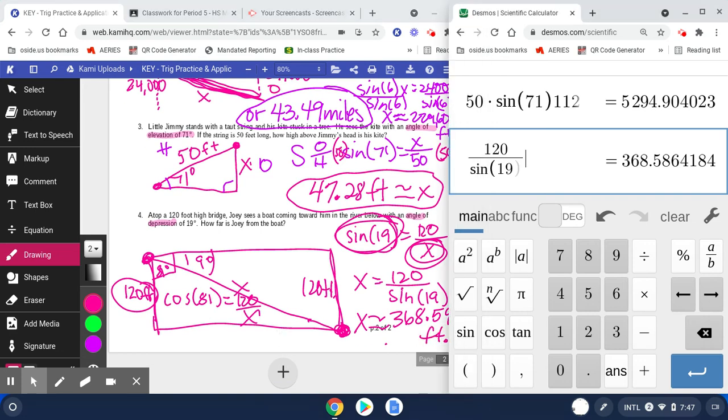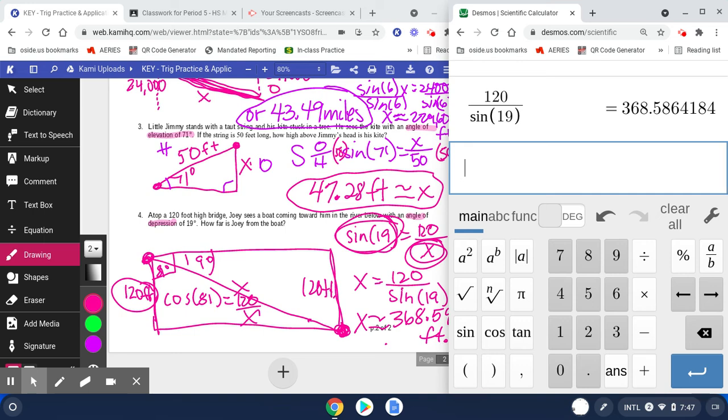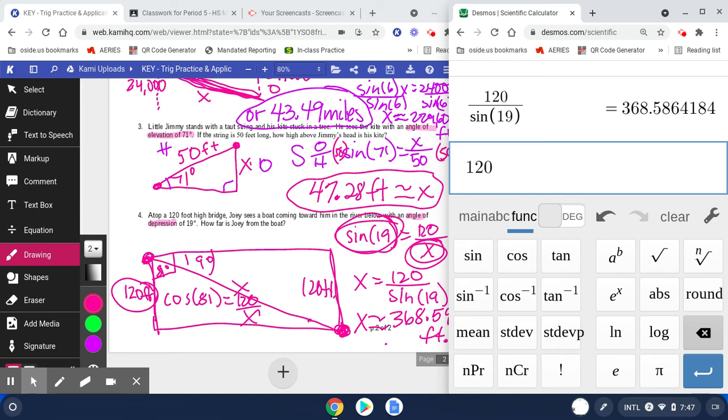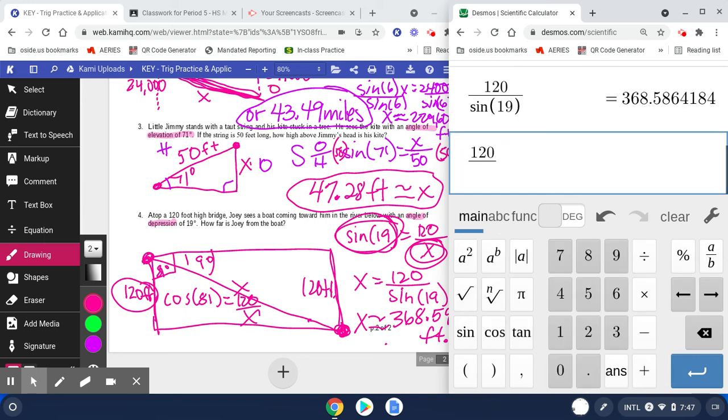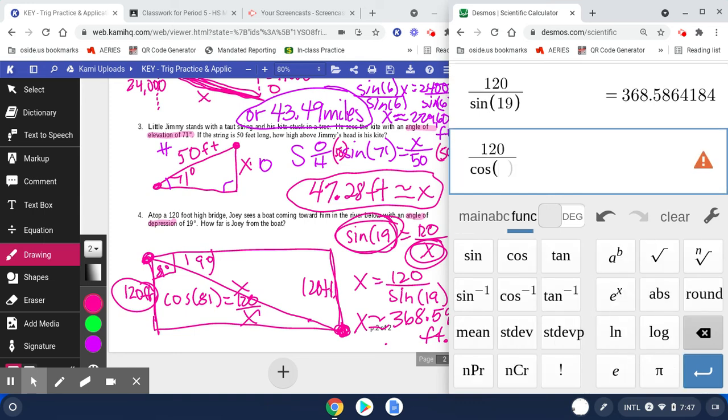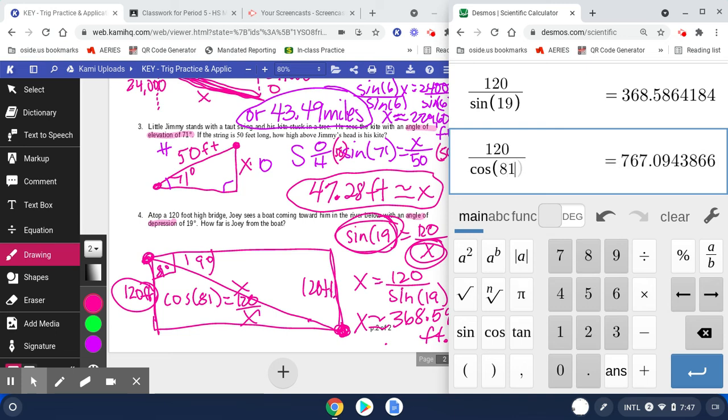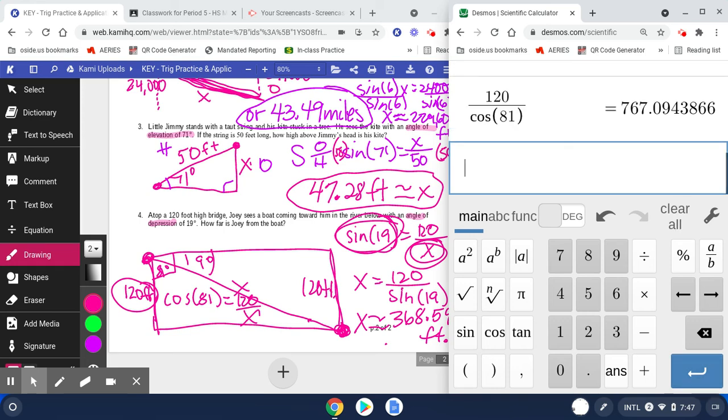And then what if we had done it the other way? What if we had done 120 divided by the cosine of 81? Just kidding.